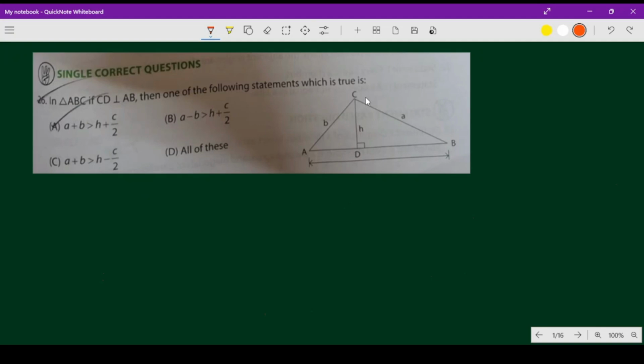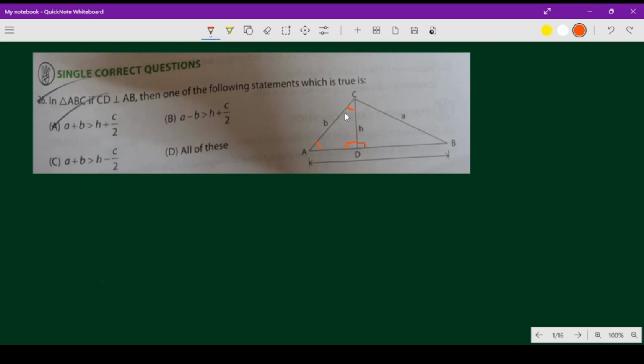They said CD is the altitude on AB, which means over here 90 and over here also 90. Now in this triangle ADC, this is the largest angle, 90 degrees. It means the remaining two angles will obviously be less than 90, right? If this is not less than 90, the triangle will not form.